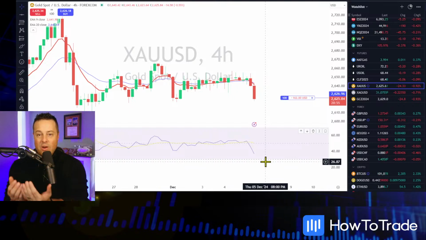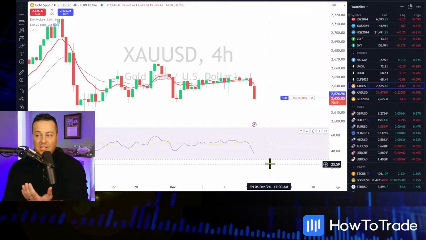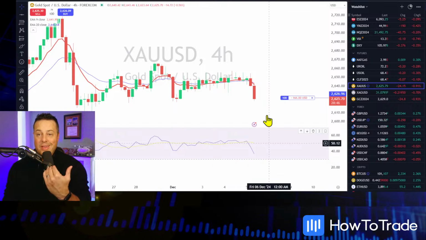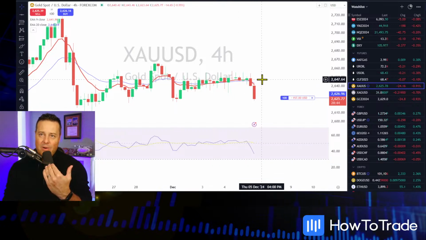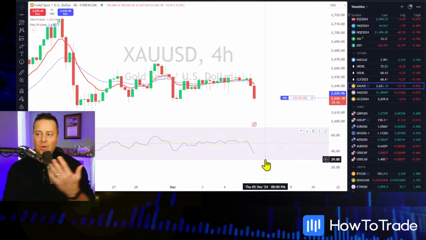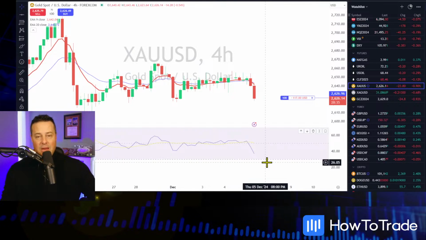We're not quite in oversold territory because we're not beneath 30. As soon as this RSI touches 30, but goes beneath 30, then we can look to buy the market. And we'll do that by getting a 9 EMA cross over that 20. It's that simple. So we're getting into a position where we may be able to buy this thing. We just have to wait and see what happens with price action.